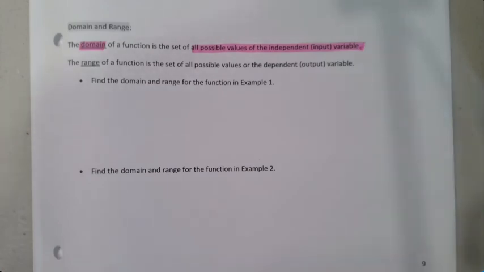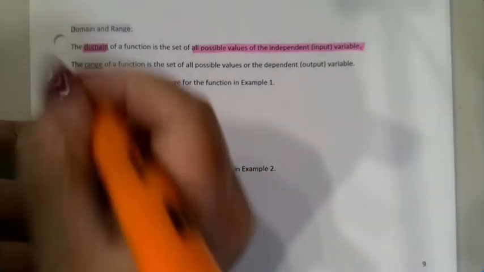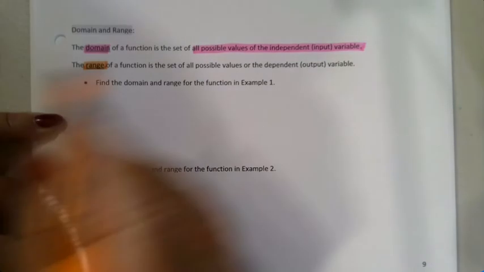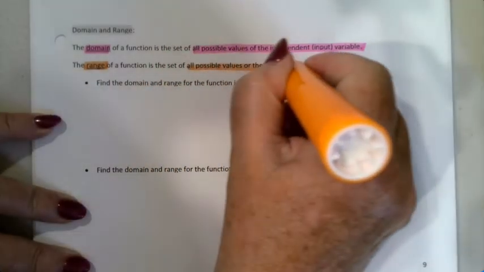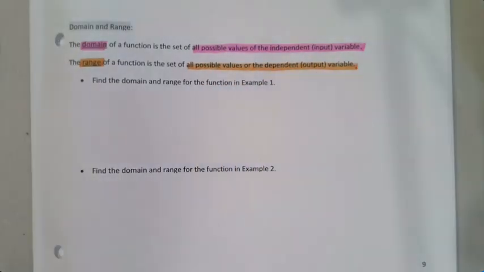The range of a function is the set of all possible values of the outputs, or dependent variable. So domain, all the inputs, range, all the outputs. We're going to one more time go back and revisit examples 1 and 2 and talk about domain and range.